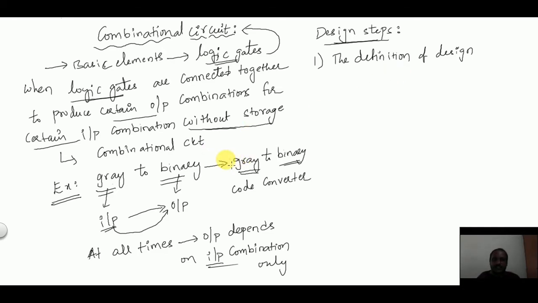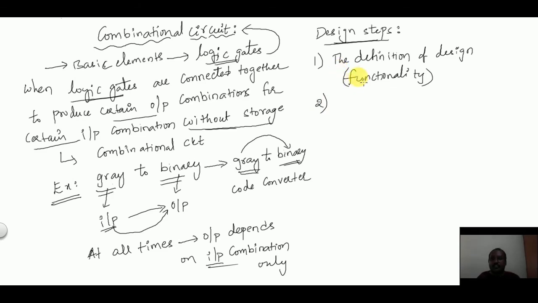For this example, we are designing a combinational circuit which converts gray code to binary code. Similarly, you can design an adder circuit which adds 2 bits. That is the functionality of the circuit which we are going to design, and you have to know that. That is the first step in designing a combinational circuit.